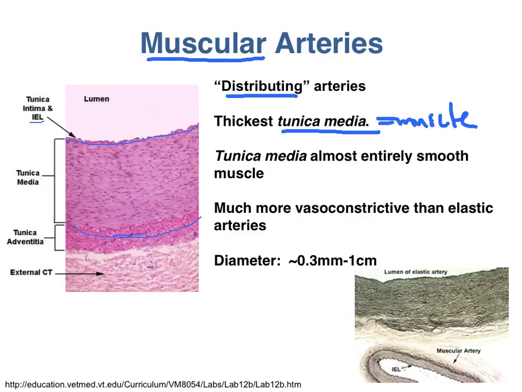The image at the bottom here shows you both an elastic artery and a muscular artery so that you can compare the two. Note how much bigger the elastic artery is and all of the lines of elastic laminae in the tunica media. The muscular artery is smaller and does not have as many visible elastic laminae.